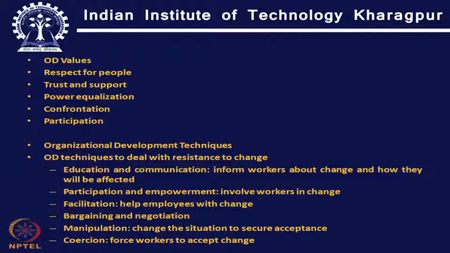Means we have to accept that everybody is powerful in the organization and on an equal power platform, and then we have to confront the problem at hand, and everybody has to participate in the decision making process.